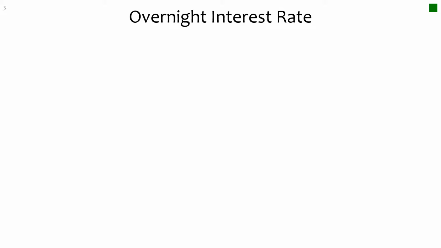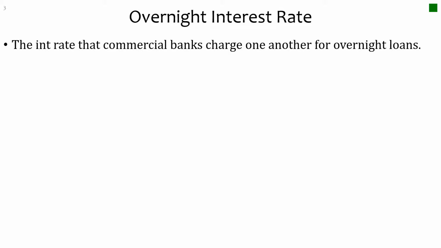Central to monetary policy is this overnight interest rate, and that's the interest rate that commercial banks charge one another for overnight loans. So imagine taking a loan for only one night. That's a very short-term loan. What is the interest on that? That's called the overnight interest rate. This is only between commercial banks themselves and also between them and the central bank.